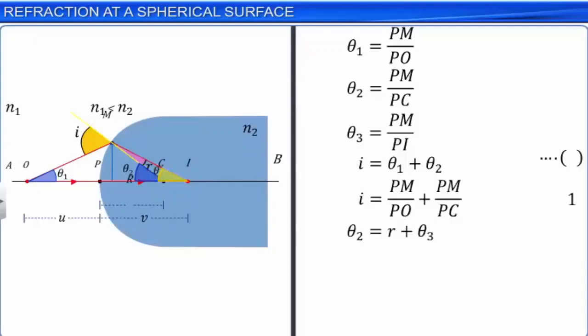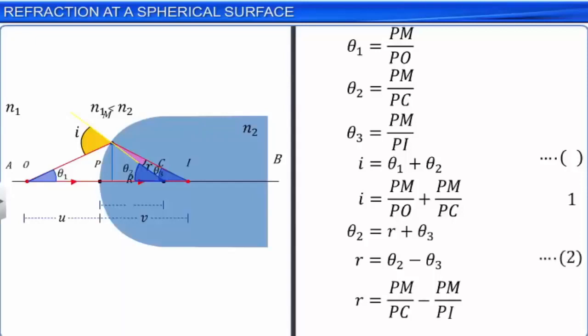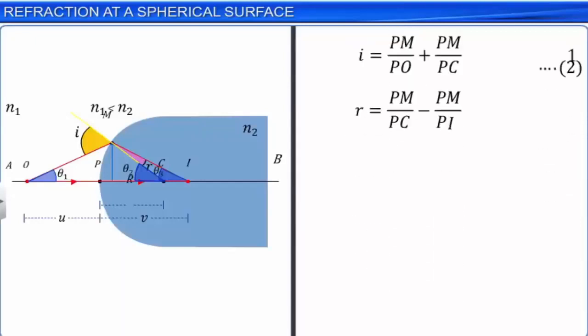For small angles, this can also be written as N1 i is equal to N2 r. On substituting the values of i and r from equations 1 and 2, and after further simplification, we get N1 by PO plus N2 by PI is equal to (N2 minus N1) by PC. Let this be equation 3.